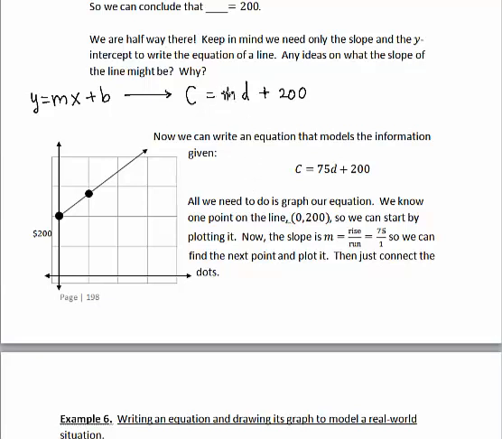So in other words, if I take this equation and I replace d with 0, what happens? If I use the bus 0 days, then I still have to pay the $200 fee.